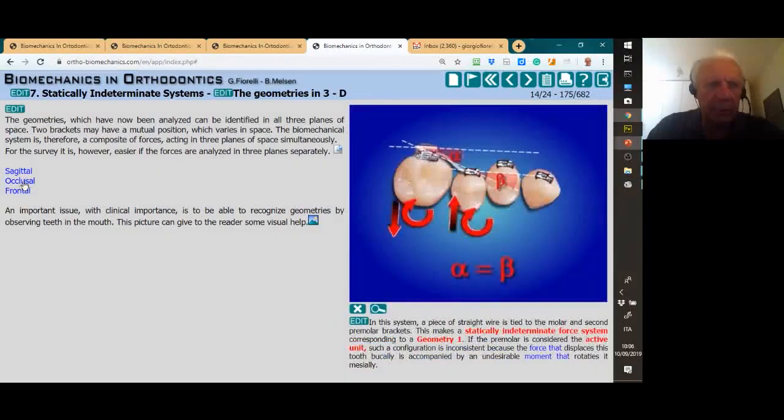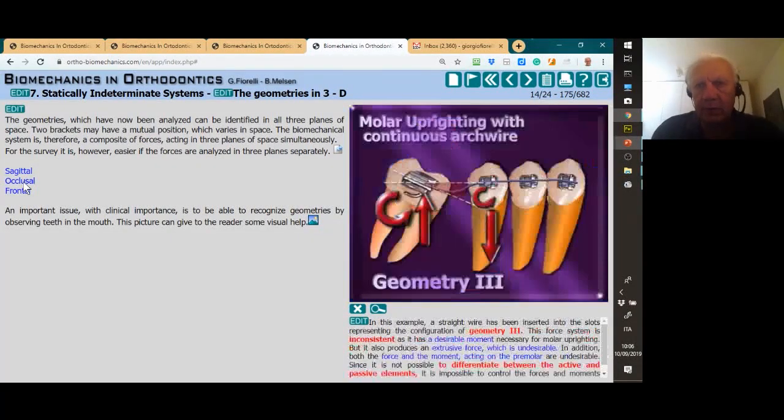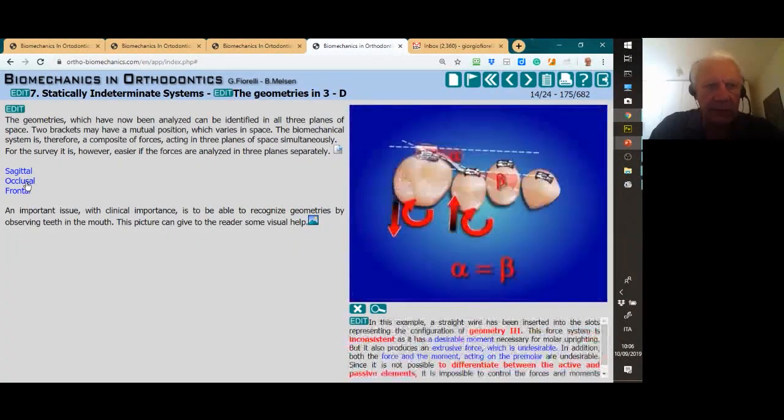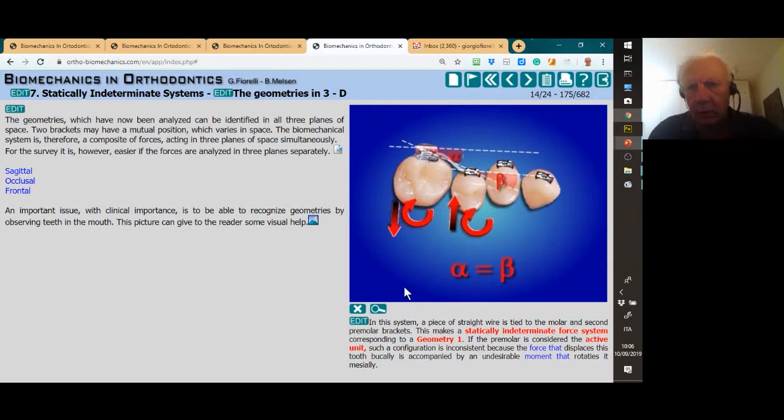But we also have forces on the occlusal plane. So this force system that we see on the occlusal plane might also exist. And geometries that we have on one plane are completely independent of what we have on the other plane.